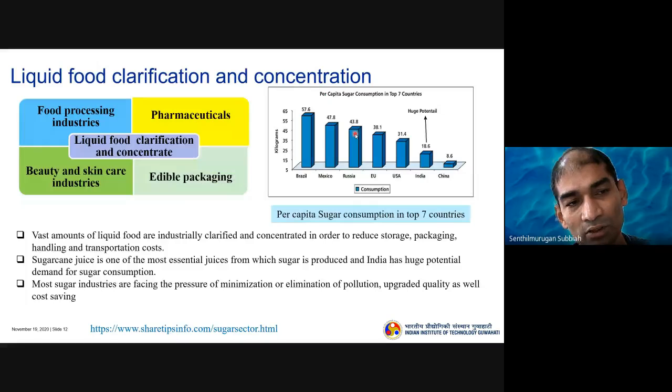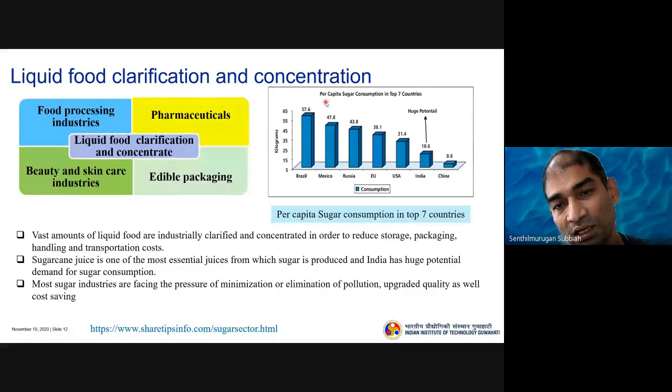So I will talk about two applications today. One is tea, another one is sugarcane. If you talk about sugarcane applications, it is basically one of the important feeds for many applications.